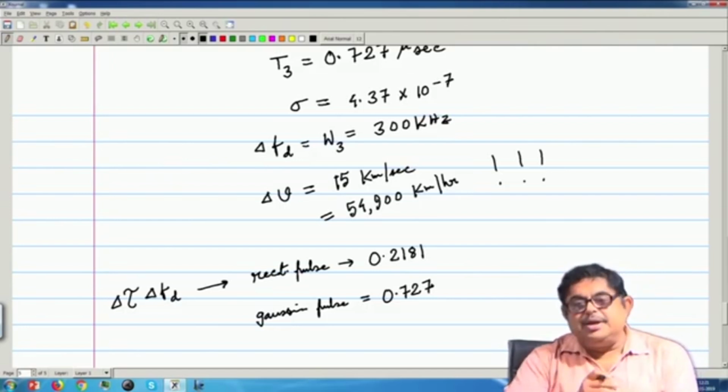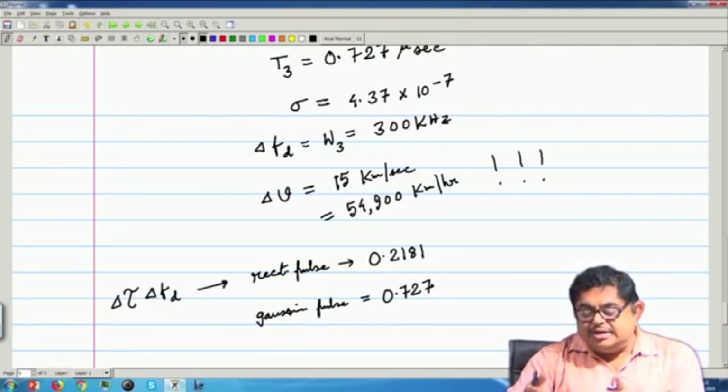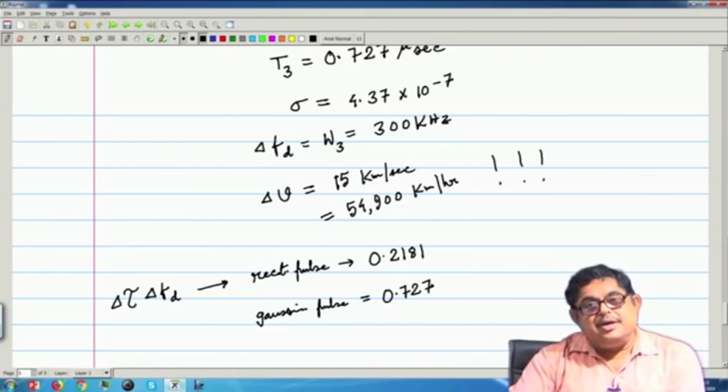So, maybe something is there, because we know that generally it is called time bandwidth product is the same. But here we are saying that that product is not the same, though it is not time bandwidth, it is delay and Doppler resolution, but they play the same role more or less.